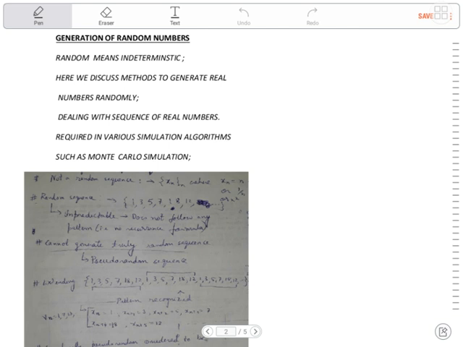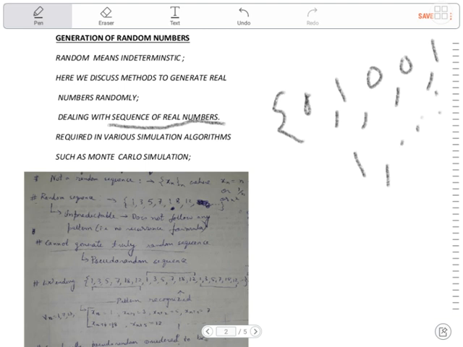We will be dealing with a sequence of real numbers, that is, the random number generator. For example, in the coin toss you get 0 1 0 1 0 0 1 1, like this. We do not know what you will be getting after this.